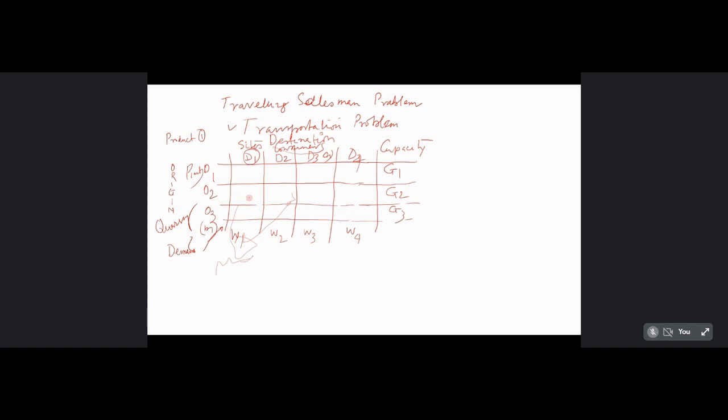And now if you supply 1 unit of product from O1 to D1, say the cost is C11, then this cost is C12, the unit transportation cost. Like this, this is C34.